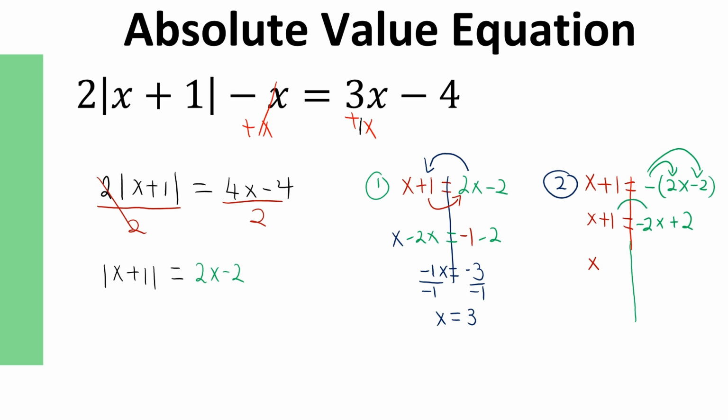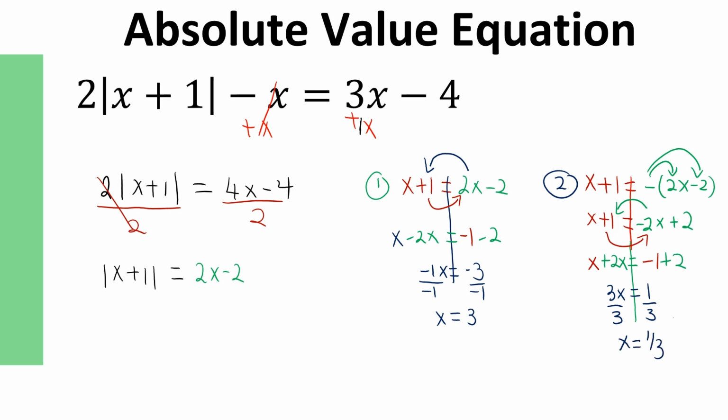If I move it to the other side, that will become positive 2x equals, and I'm moving the positive 1 to the other side, so that will become negative 1, and bring down the positive 2. So now I can combine like terms. So x plus 2x is 3x equals negative 1 plus 2, which is 1, divided by 3 on both sides. So therefore x equals 1/3.